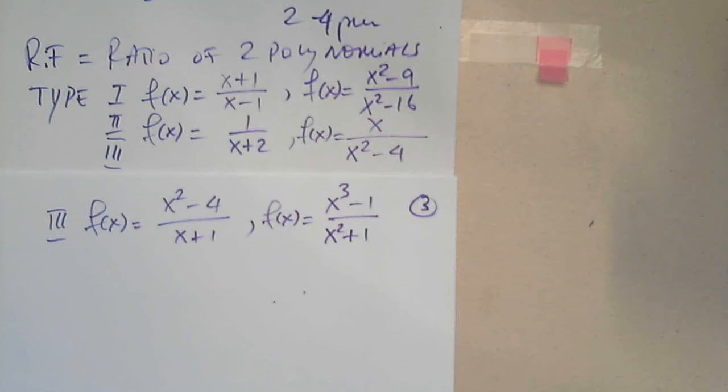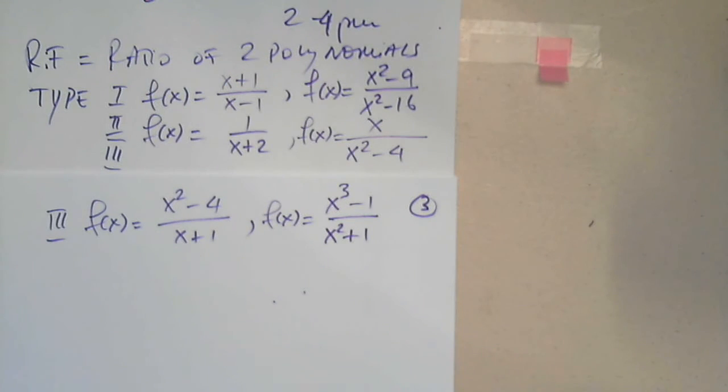So let's look at type 1. We'll look at these two examples for type 1 and say, by comparison to the other two, that all rational functions of type 1 must have a property. What do you think they have?